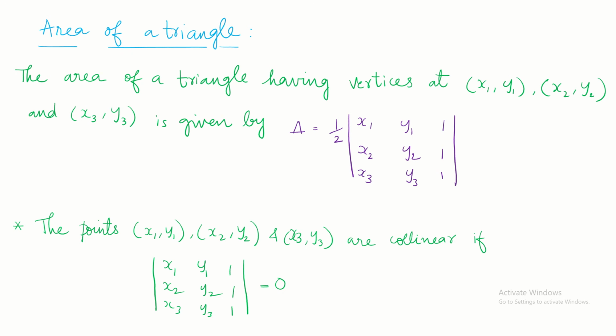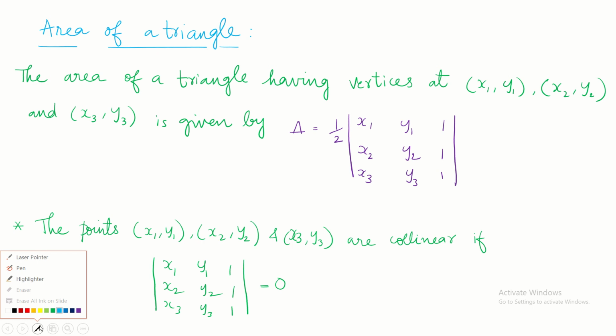So I have left one topic before this, that I'll be taking in the next class. So here, area of the triangle. What is the area of the triangle? Half into base into height.